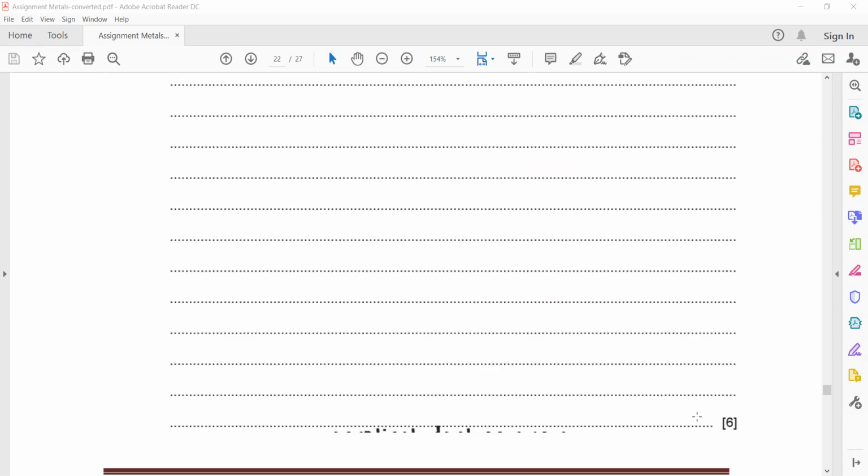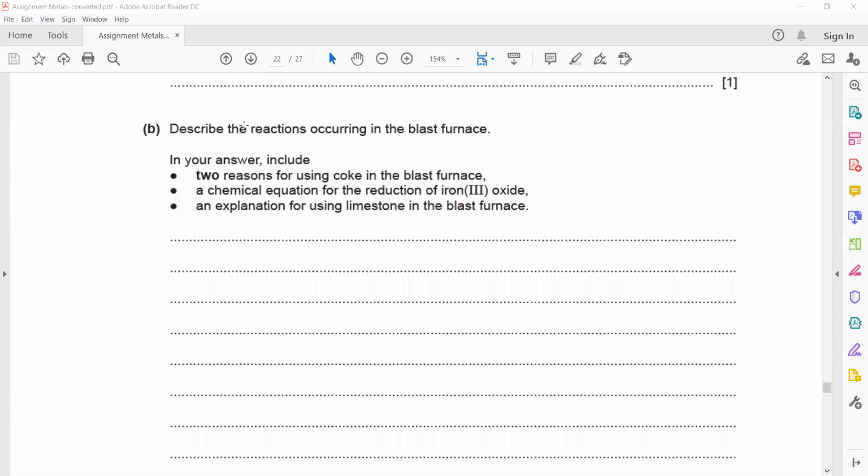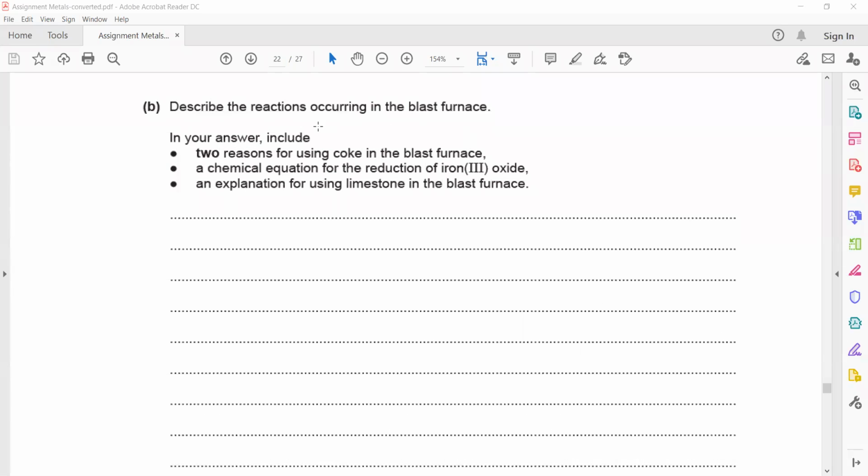And you can see a 6-mark question. Describe the reactions that occur in the blast furnace. In your answer include 2 reasons for using coke. Why do we use coke in the blast furnace? Two reasons: first, to increase the temperature.